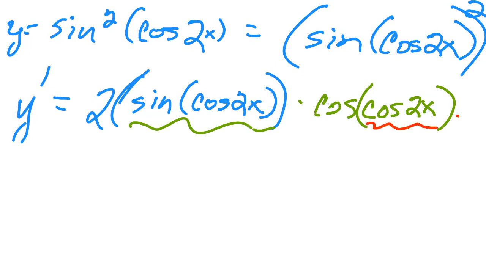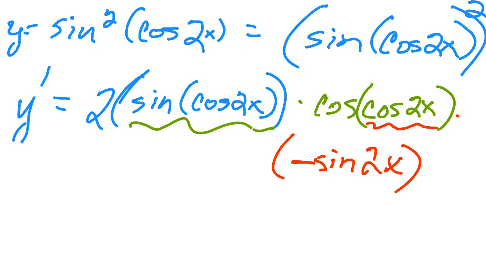So the derivative of cosine is minus the sine of 2x. And then because that's not just an x, I got to take it times the derivative of the 2x, so it's going to be times 2.